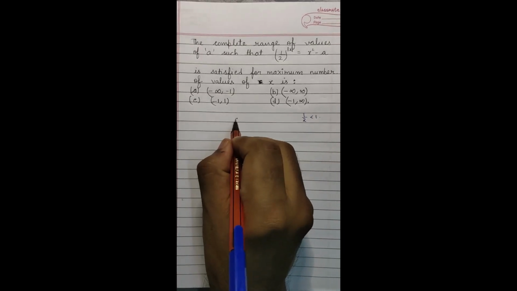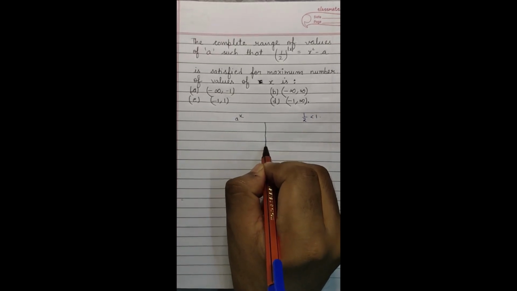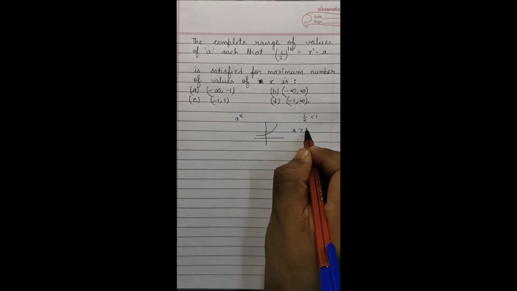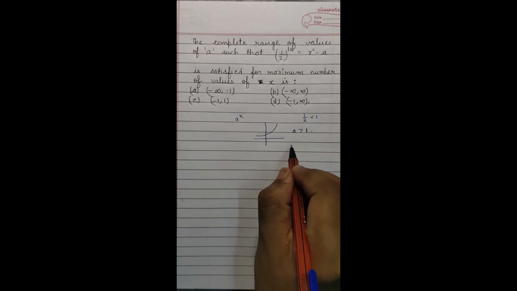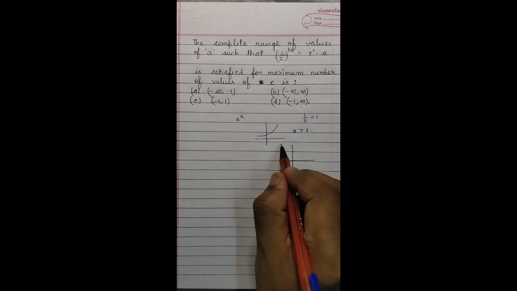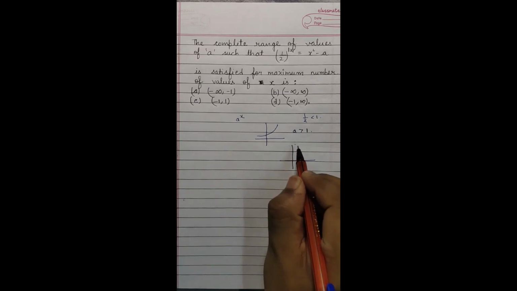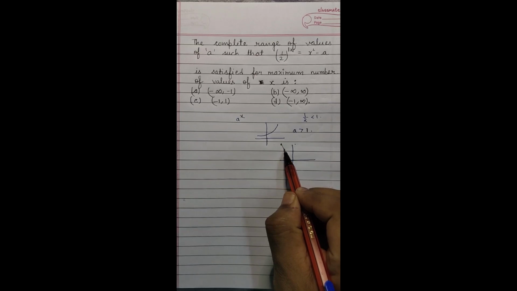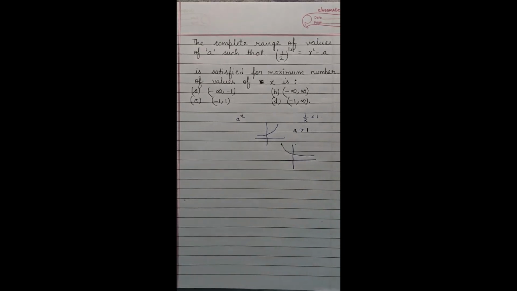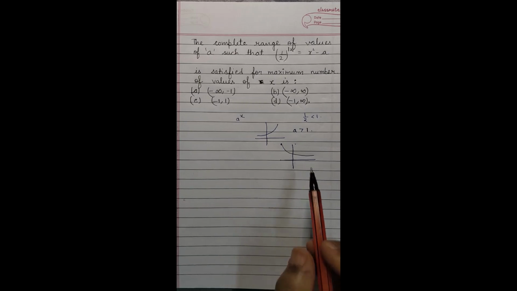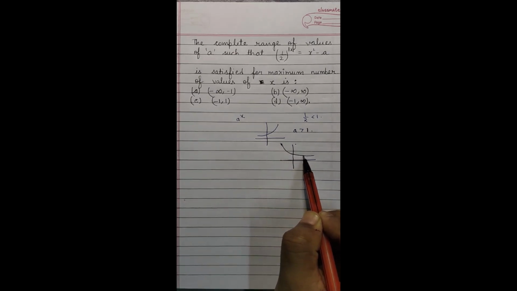The graph for a to the power x is roughly like this when a is greater than 1, but for a less than 1 the graph becomes like this. So here we have a less than 1, that is 1 by 2, and the graph for 1 by 2 to the power x should be roughly like this.